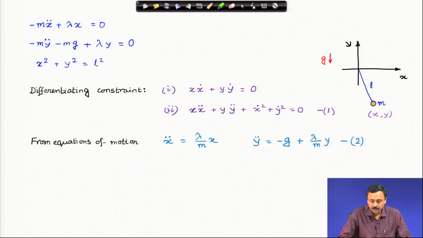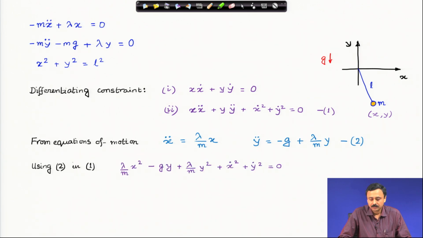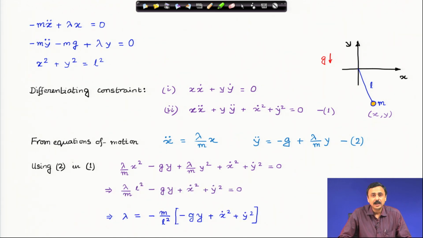I substitute these 2 equations in equation 1. This is what I get: straightforward algebraic steps, and I solve for lambda. Here you will find lambda is in terms of y, x dot and y dot.